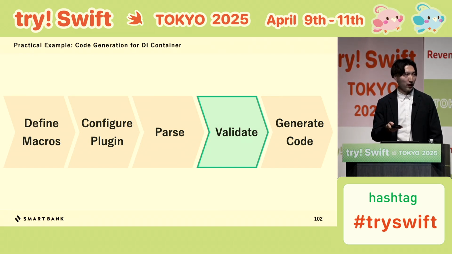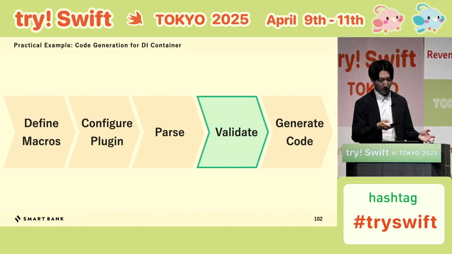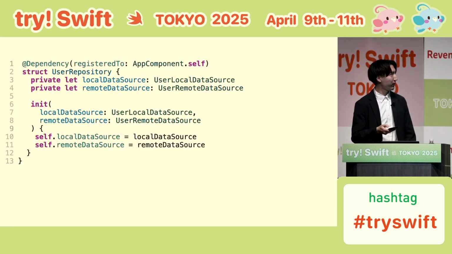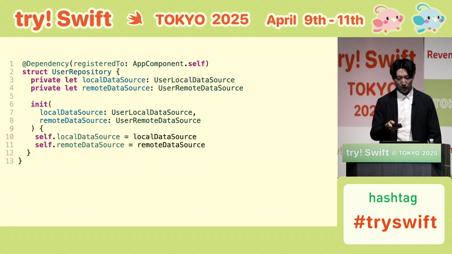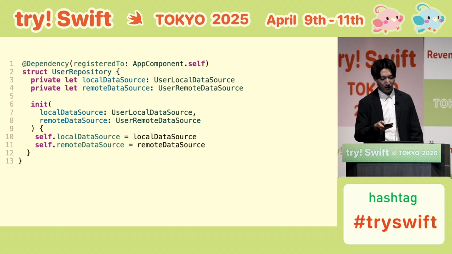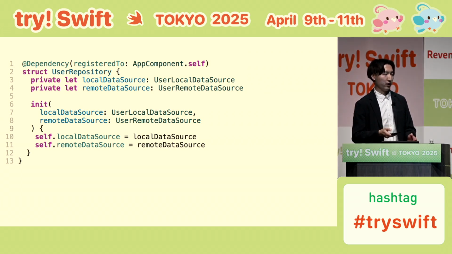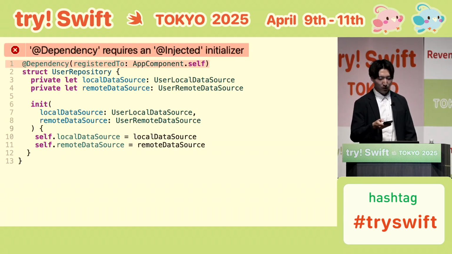Here, we apply validation to the ComponentDescriptor and DependencyDescriptor objects we gathered in step 3. For example, if a type annotated with @Dependency does not have an initializer annotated with @Injected, we want to show an error message like this.